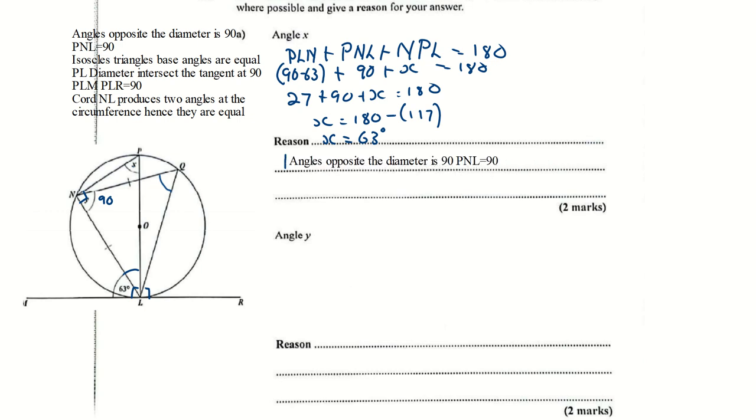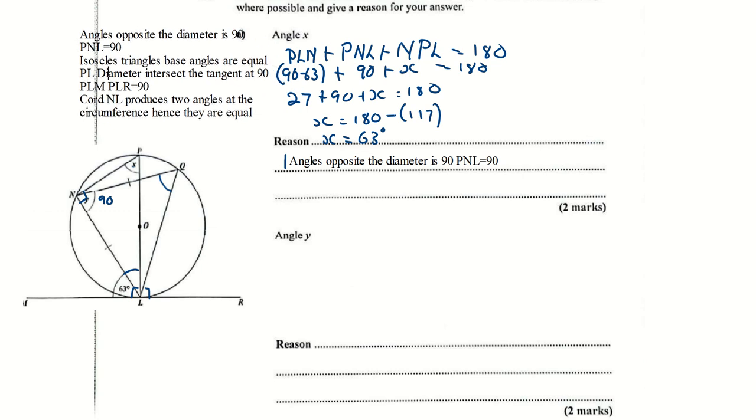Then we have to say why is the 63. We know that, this here, copy. We have to also say the PL, the diameter, intersects the tangent at 90 degrees. So therefore PLM and PLR would be 90.